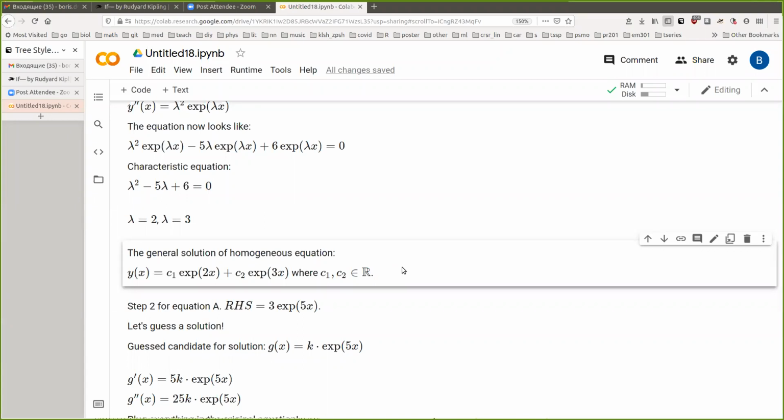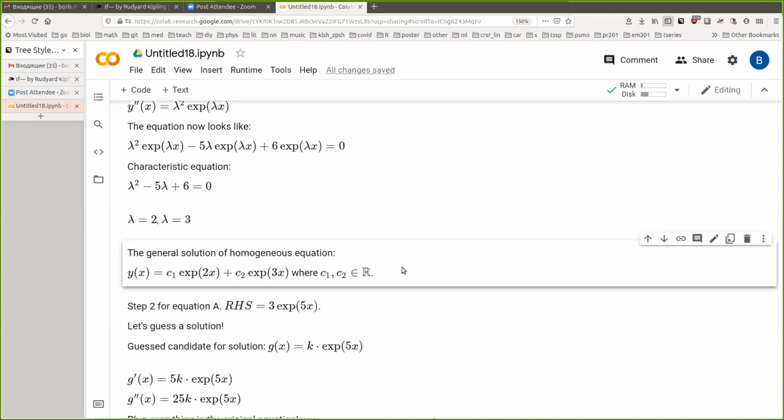And I see that if I take any C1, any C2, and I plug this solution of the homogeneous equation in, I will get 0. For example, with C1 equal to 5 and C2 equal to 0. So if I plug exponent of 2x into my equation, I will get 0.